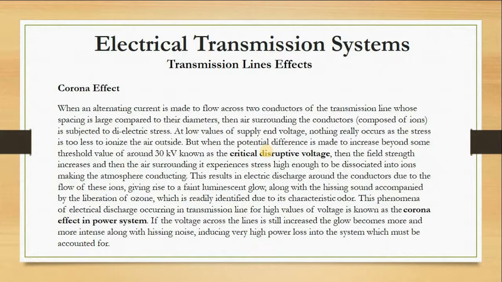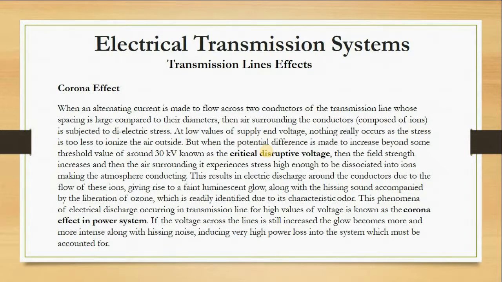So we know air is an insulator, but there's no perfect insulator. Every insulator has a breakdown point, determined by the amount of voltage it is subject to. The more the voltage, the easier it is to destroy the insulating property of a material.